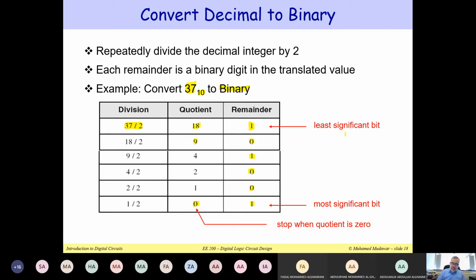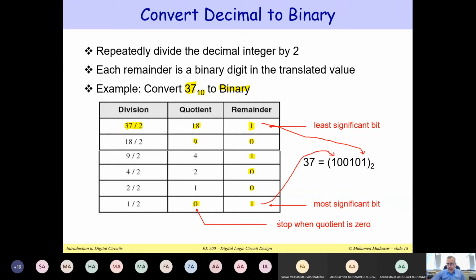Now you can say that 37 in decimal is equal to 100101. Now notice that, let me use here my pen tool. I'm going to switch here to my pen tool. Notice that this one here is my least significant bit. So I'm going to put an arrow here, and this one becomes the most significant bit.